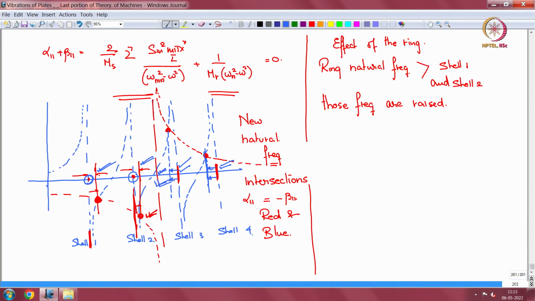Okay. Now a little bit more insight. Suppose the change from the original omega mn to omega k is small.